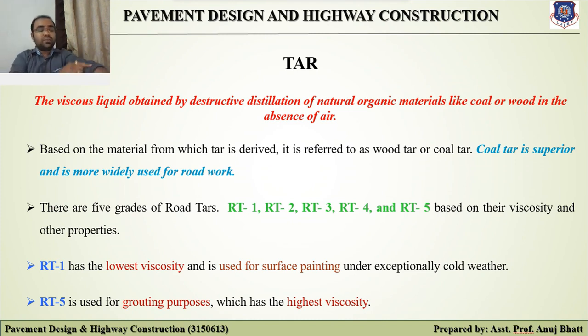First of all, asphalt is obtained by fractional distillation of crude petroleum, whereas tar is obtained by destructive distillation of organic matter such as coal, oil, or wood, etc. If we talk about color, asphalt is black or brownish black in color, while tar is purely black in color.